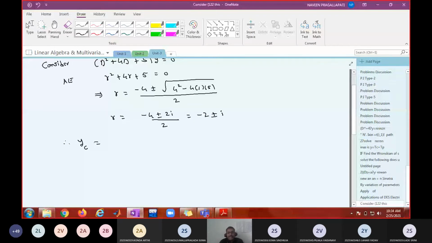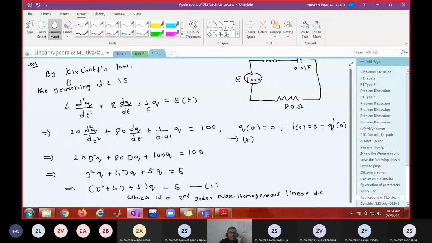What is the real part here? e power minus 2x, sir. No, e power minus 2t. You have to look at the independent variable, no?